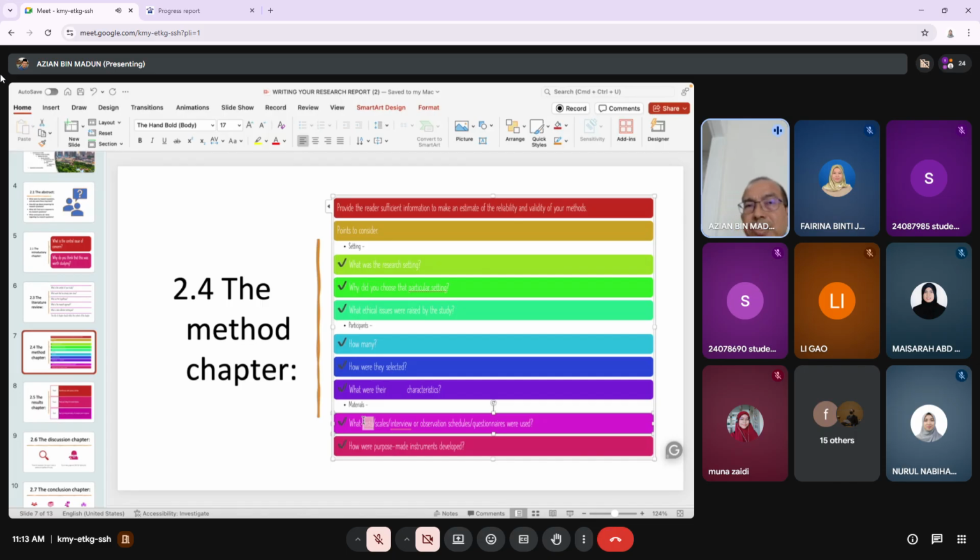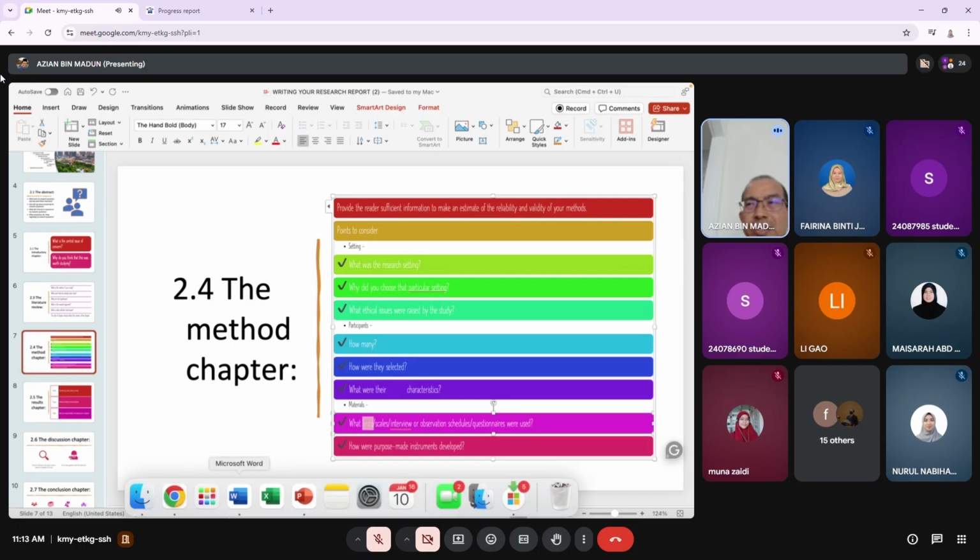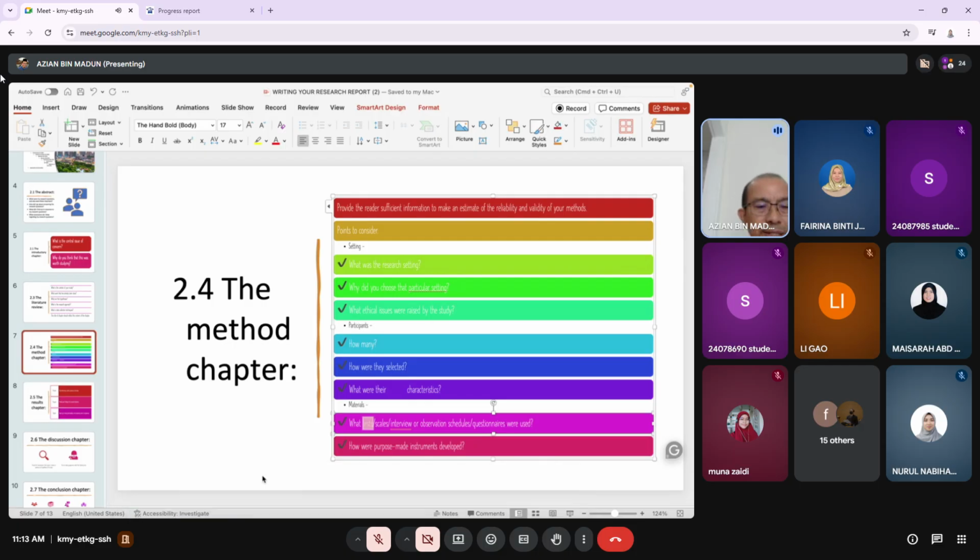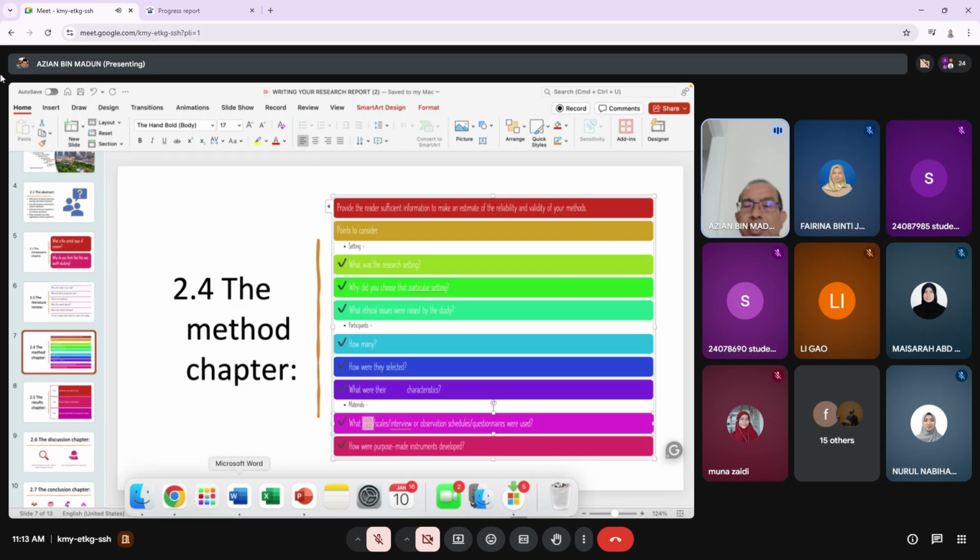Something is not right about this article. Maybe I can show it later, but it's on another laptop. The article is talking about Sharia governance, whether the Islamic banks in Malaysia follow Sharia governance.